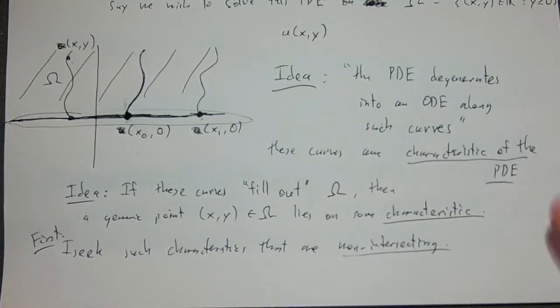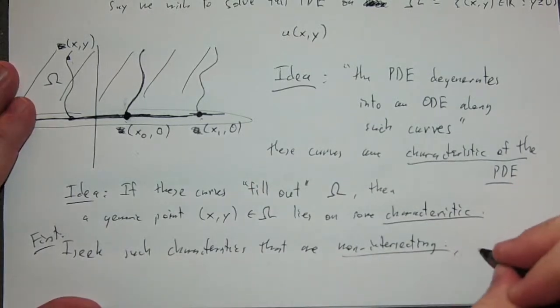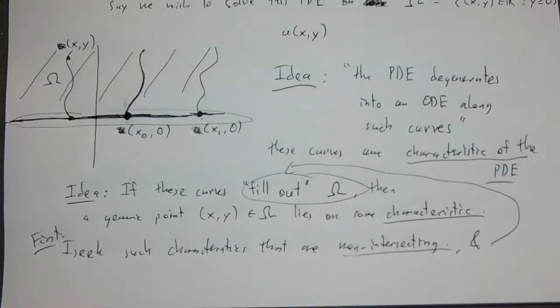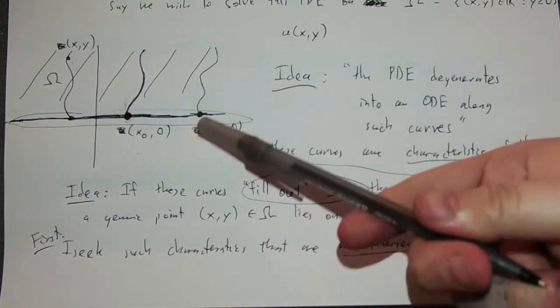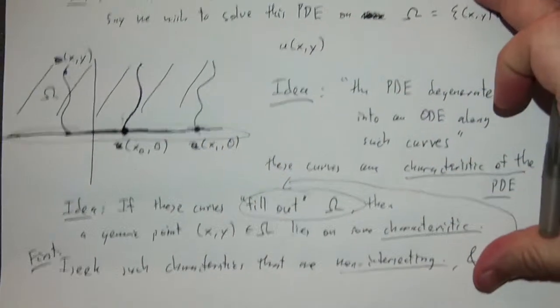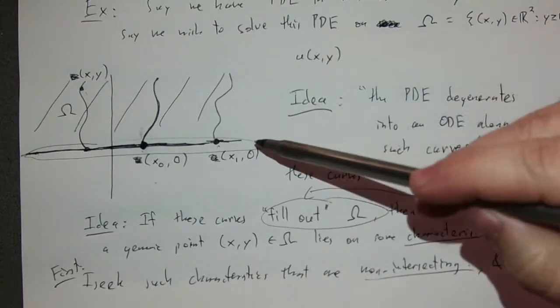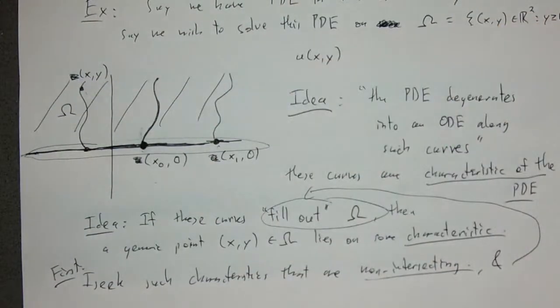So we want them to be non-intersecting, and we want them to fill out omega, like I said here. Okay, so that's the first thing. Next, we want these characteristic curves to start at a point on the curve where the data is provided. So in this example, where our omega was the upper half plane, the data that we needed was on this boundary.